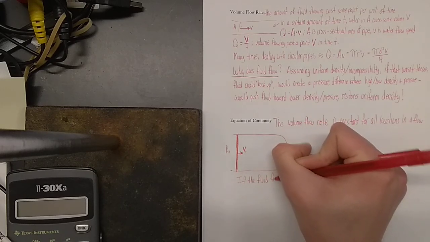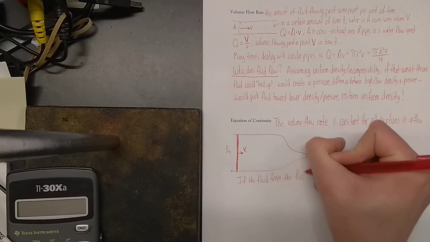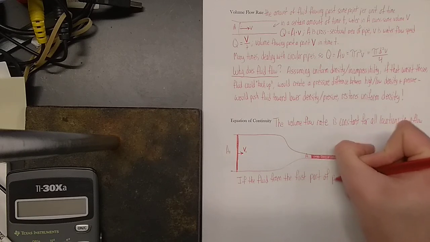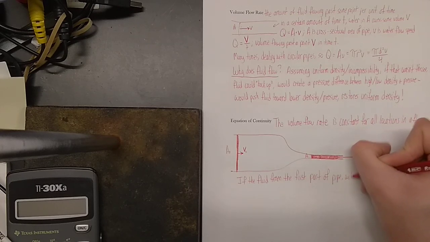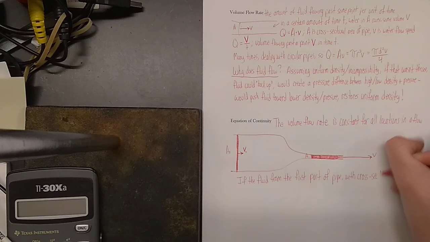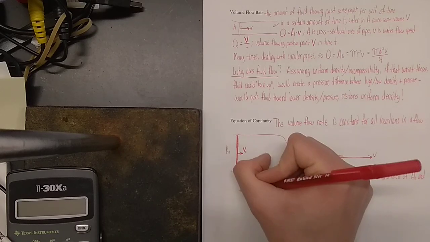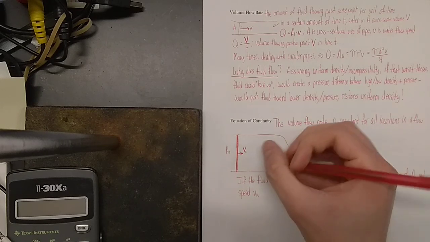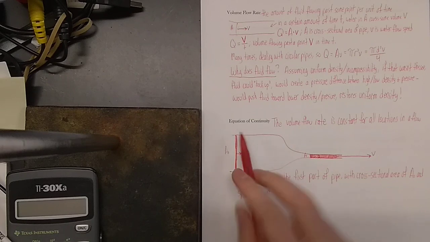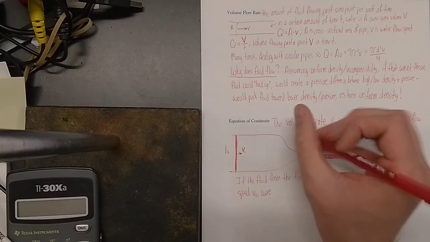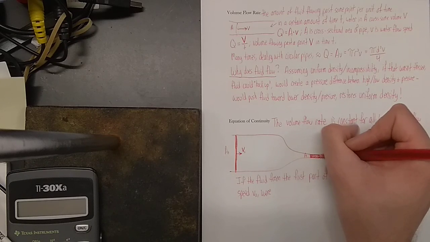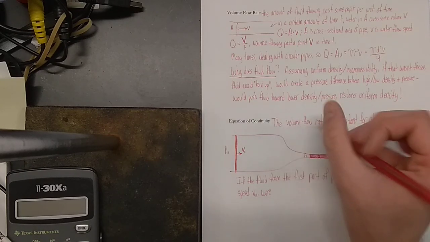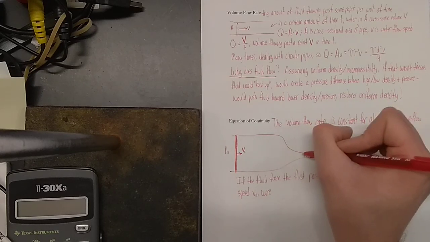If the fluid from the first part of the pipe, where that section has a cross-sectional area of A naught and a speed V naught, were, let's assume, to flow down the pipe with the same speed here as it does here, then because this is a smaller area, a smaller pipe down here, you would get a whole bunch of fluid that gets kind of backed up.